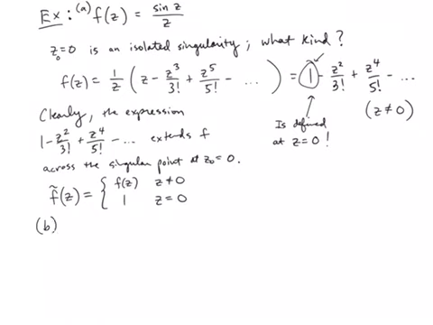In part B, if we look at the function g of z, which is equal to sine of z over z squared, then we can see that intuitively this has a pole at z equals 0, because we can write this as sine of z over z, over z.